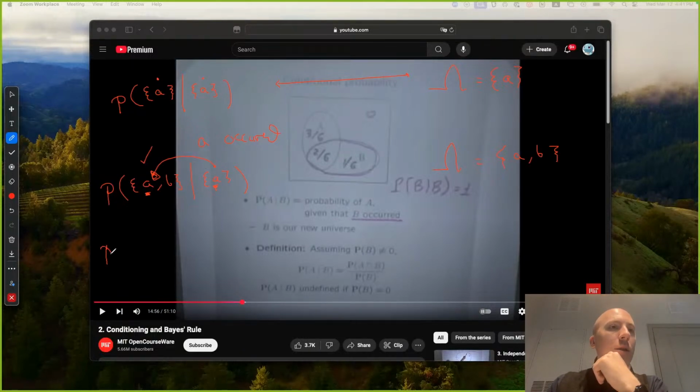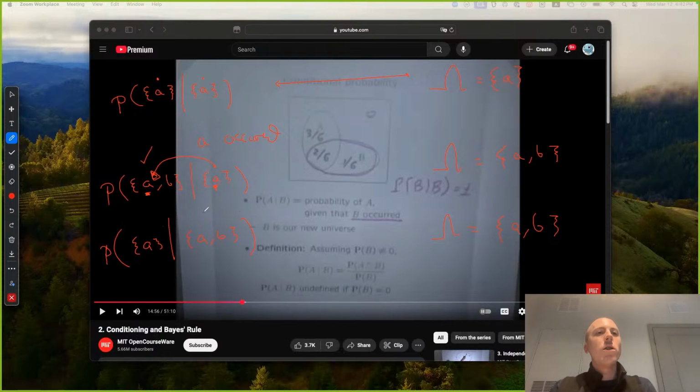And then what if we have the probability of A given the event AB, where again, the sample space is equal to AB like this. So one of these things happened. In the case that A occurs, we're good, it's 100%.